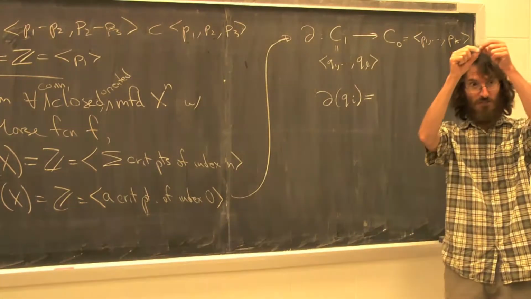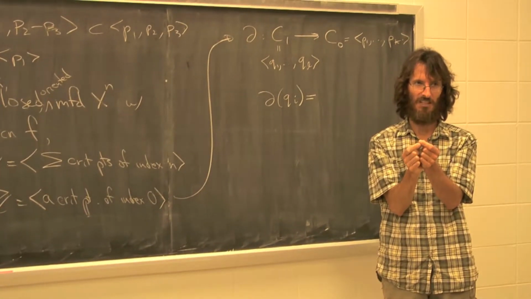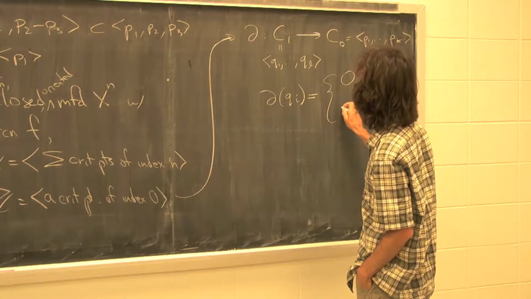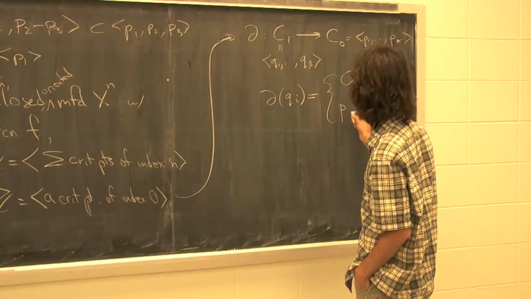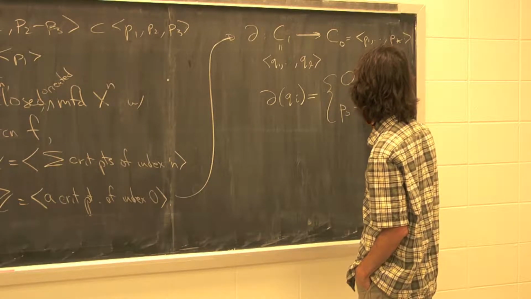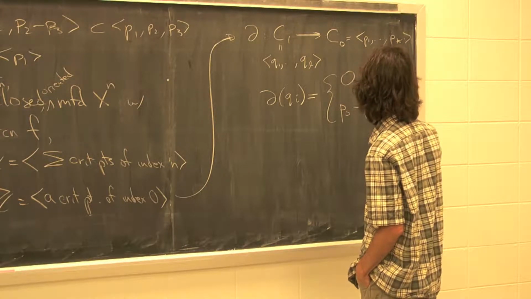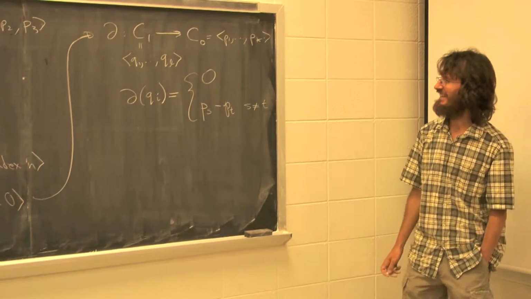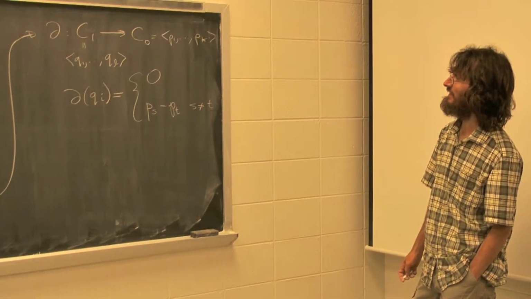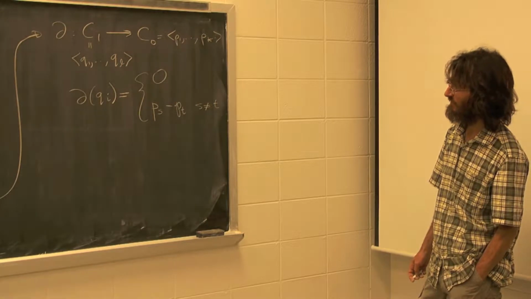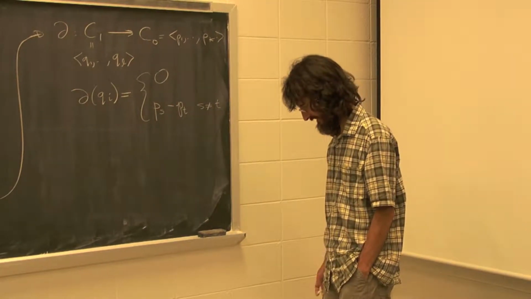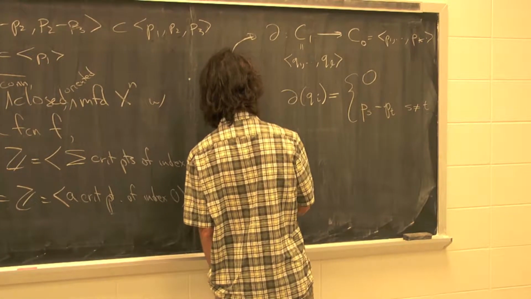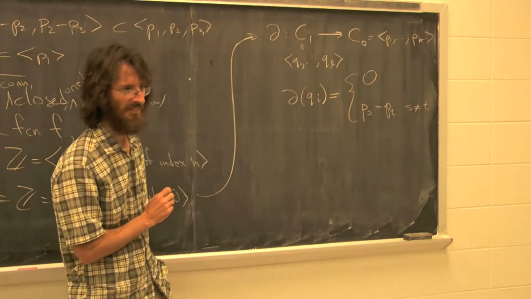Either there's two flow lines that go to the same critical point, and they'll be with opposite sign, so it's going to be 0, or it's equal to some PS minus PT for some S not equal to T. Then I claim that the image is just the sum of those, right?